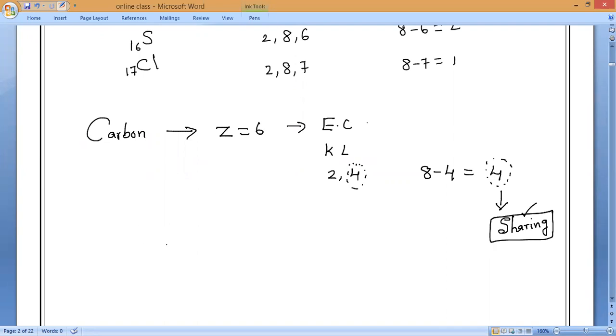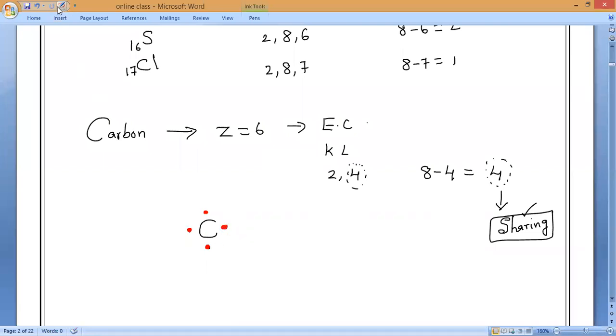Now, we all know carbon. Its valency is represented like this. In Class 10 you will get this entirely in 3 chapters. What does this carbon mean? These 4 dots indicate what? The valency of carbon.